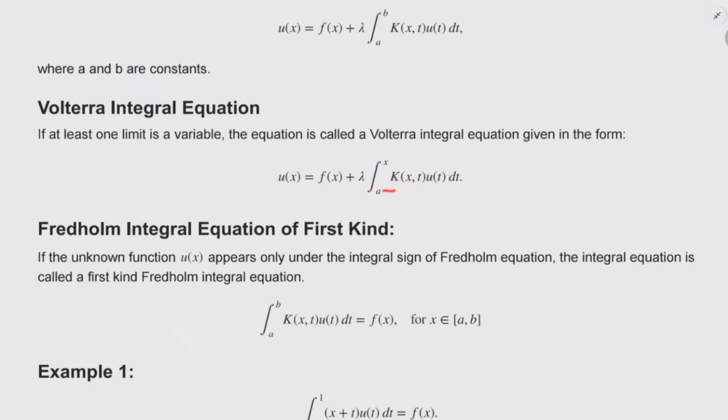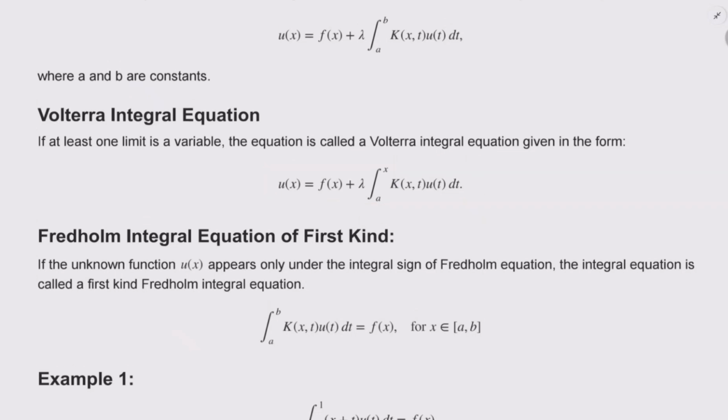But it can happen that the lower limit is, for example, variable and the upper limit is also variable. It can happen that we have two variable limits. In that case, the integral equation is also called a Volterra integral equation. So this is an example of a Volterra integral equation.